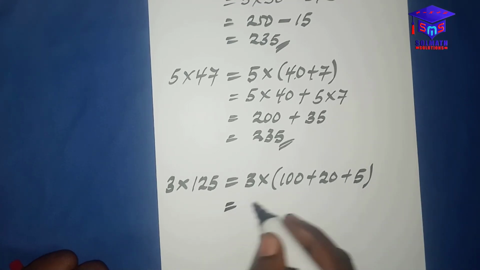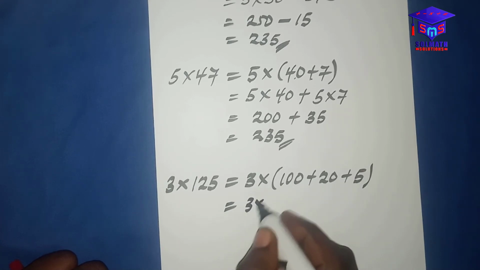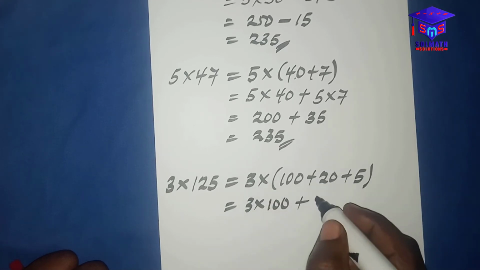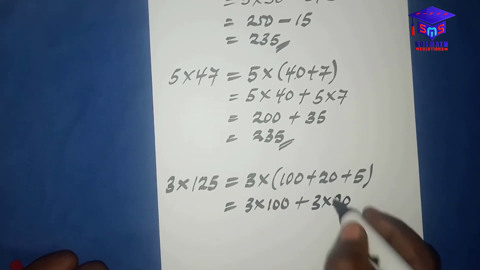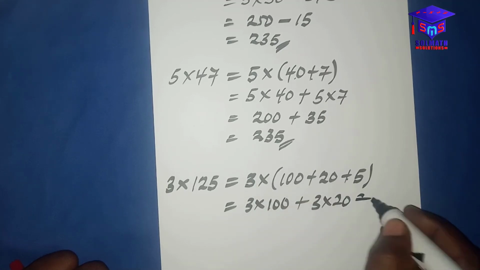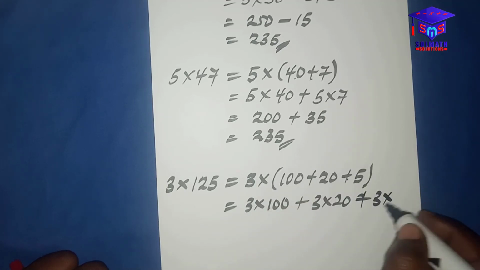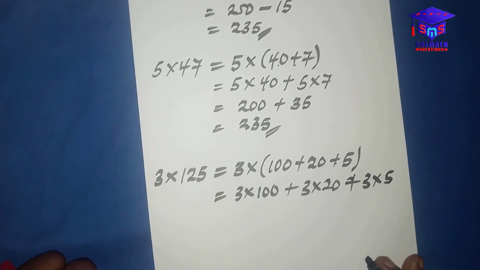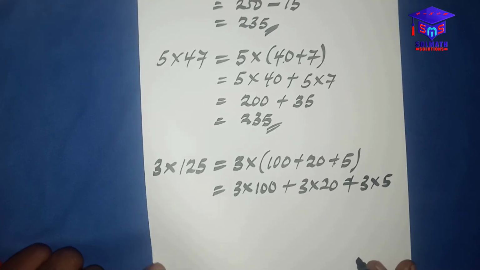And say that 3 times 100, using the distributive property, 3 times 100 plus 3 times 20 plus 3 times 5. Okay, so plus over here 3 times what? 5. And then we can perform these multiplications without using tables or a calculator.